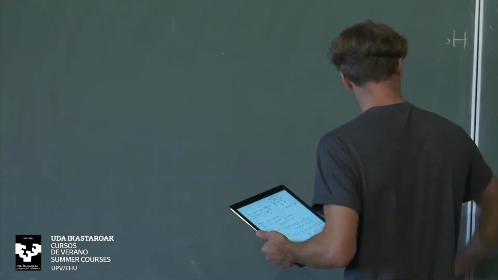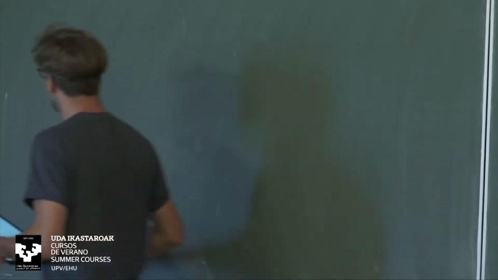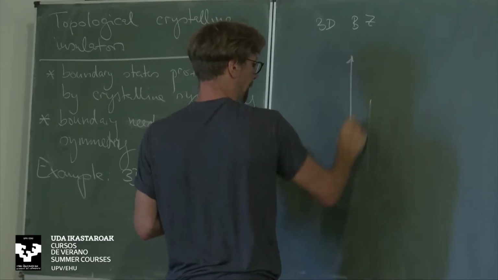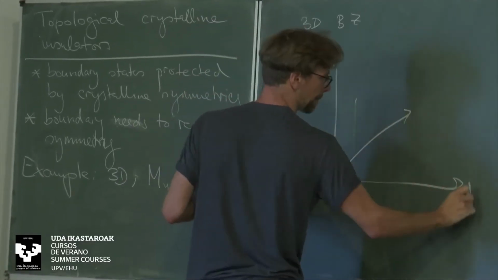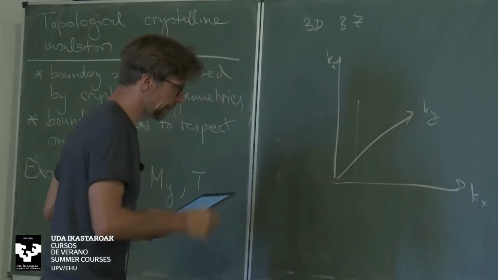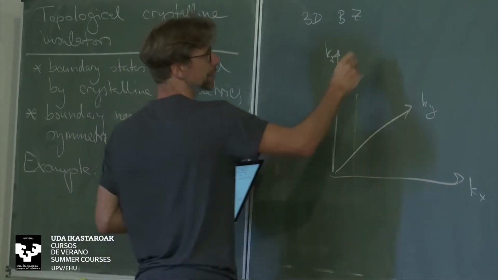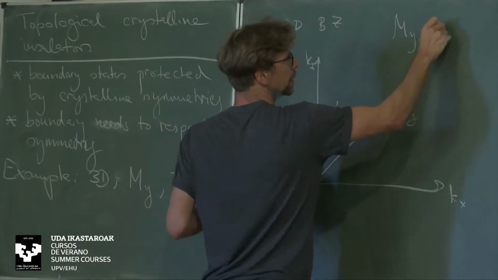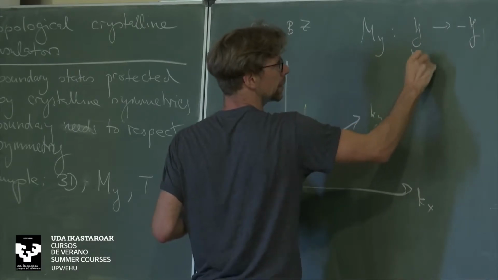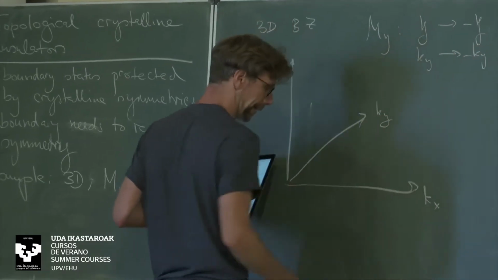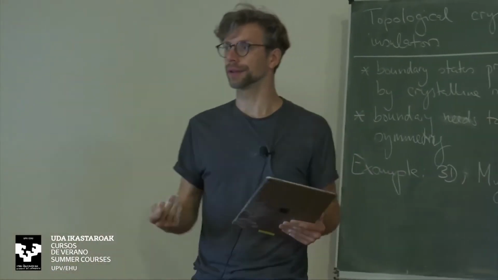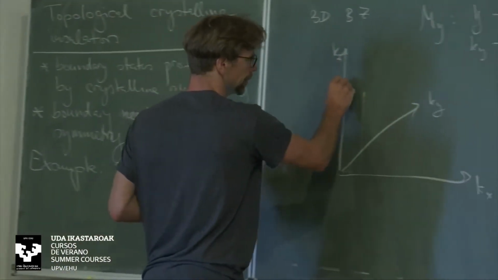So if we have this mirror symmetry M_y that sends y to minus y, it also sends k_y to minus k_y, and as such, it leaves two planes in this 3D Brillouin zone invariant.